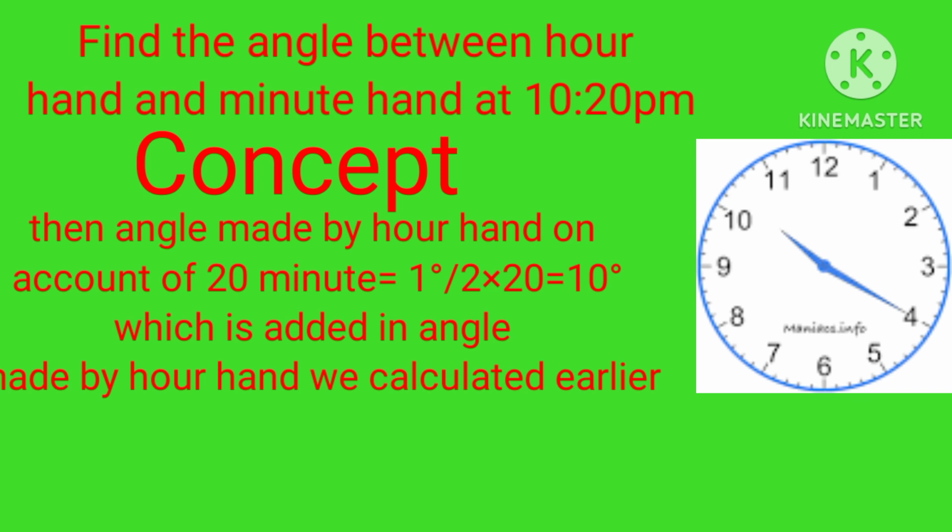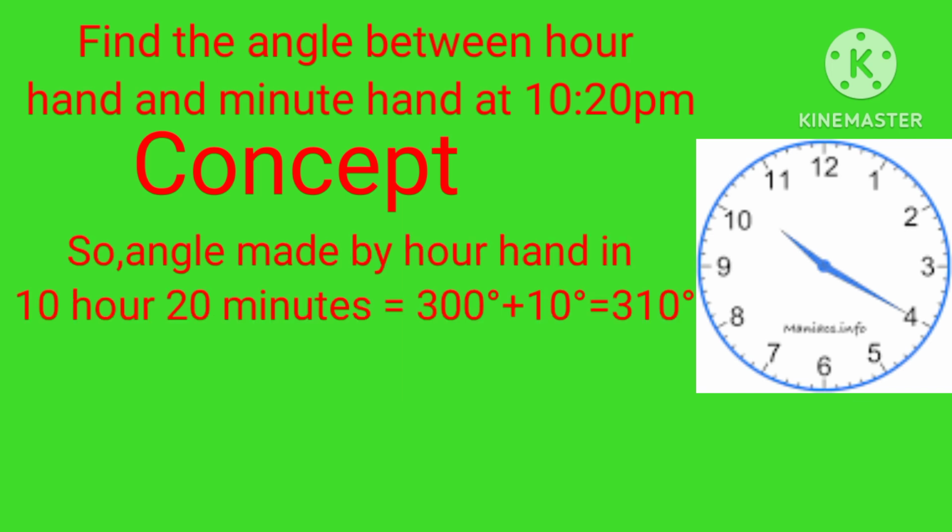Then the angle made by the hour hand on account of 20 minutes is equal to 1 by 2 degree multiplied by 20, that is equal to 10 degree. It is added to the angle made by the hour hand as we calculated earlier. So the angle made by the hour hand in total at 10 hours 20 minutes is equal to 300 degree plus 10, equal to 310 degree.